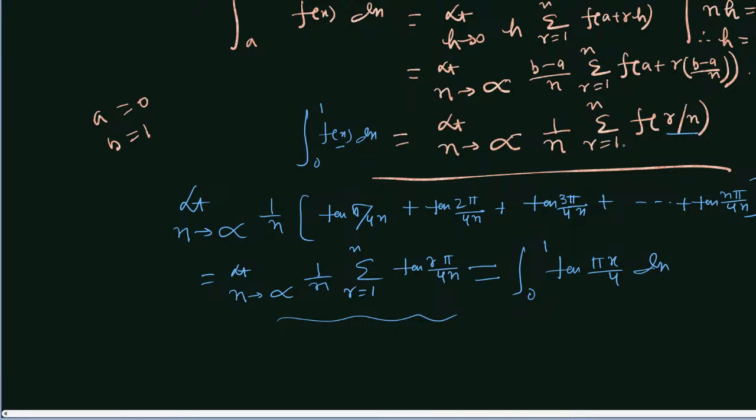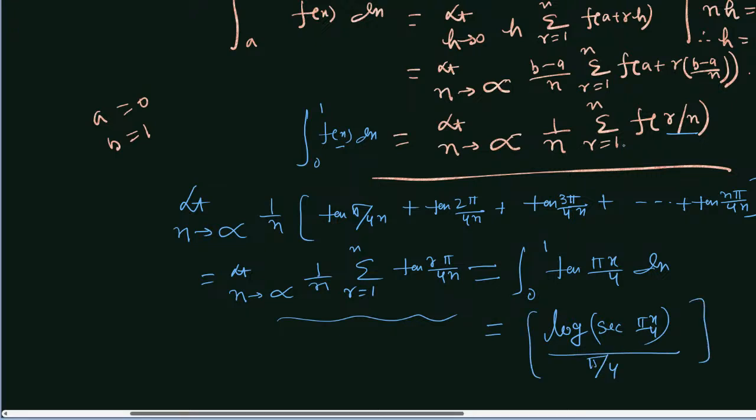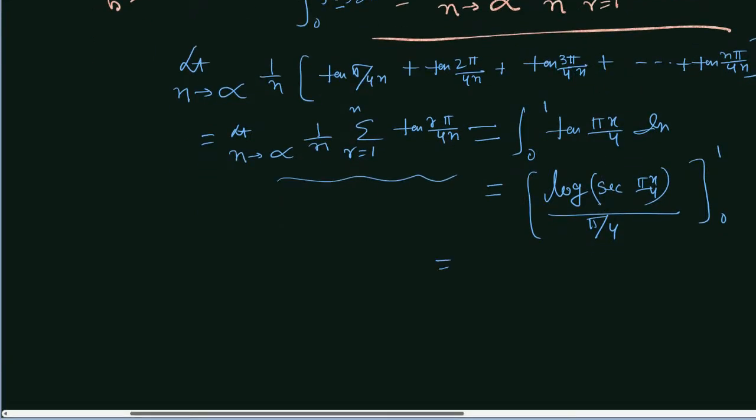Hope you have understood. The integration of tan x is log sec x. So you will write log sec (pi x by 4), divided by pi by 4. During integration you divide. Now put the upper limit and lower limit. So this is going to be 4 by pi times log of sec pi by 4 minus log of sec 0.